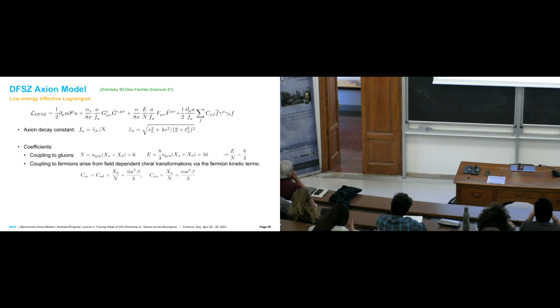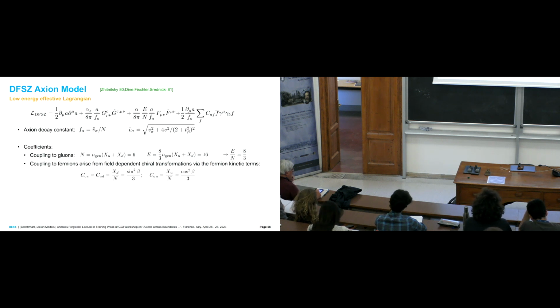And the coupling to the fermions arises, as we also saw before for the KSVZ model, from these field-dependent chiral transformations via the fermion kinetic terms. So C_ae and C_ad are equal.